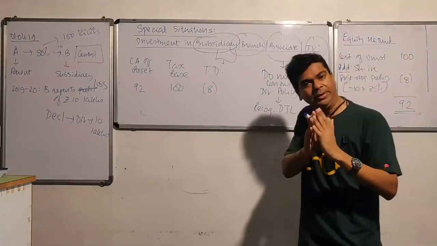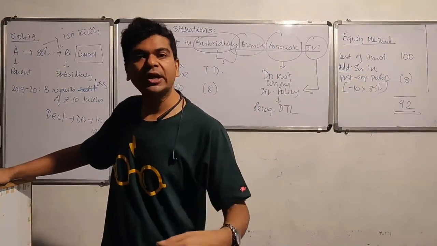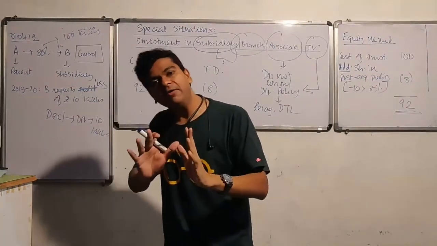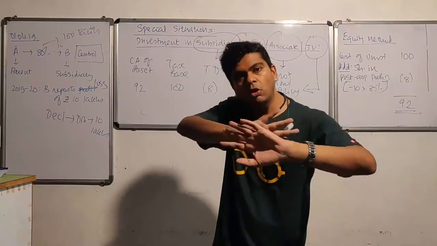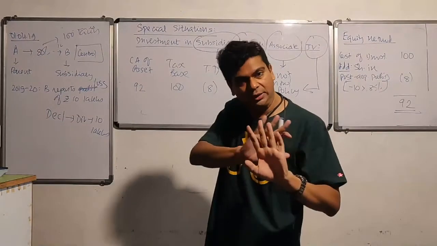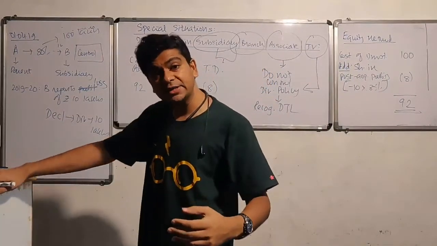And you know what is the treatment? Since this is a deductible temporary difference, you should be recognizing deferred tax asset. So go ahead and recognize DTA. Right? Nothing like, then for subsidiary I will do and I'll not do here and I'll do there. No, nothing like that. Just go ahead and recognize the deferred tax asset.